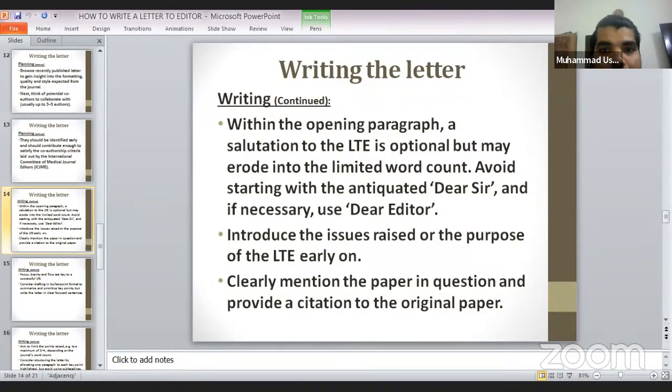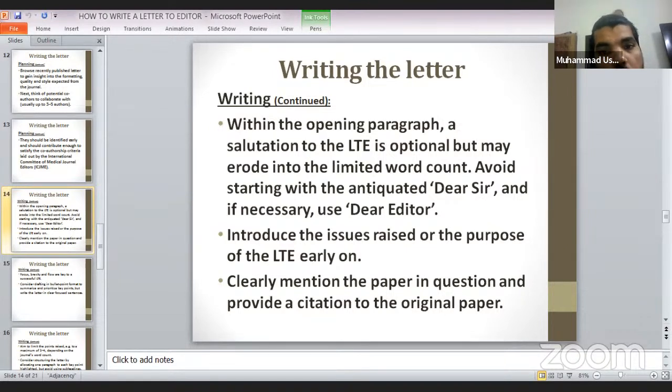And now comes the writing of the letter itself. So you should be avoiding the salutation if the word count is too low. For example, if you are running short of words, in that situation you can remove the salutation.